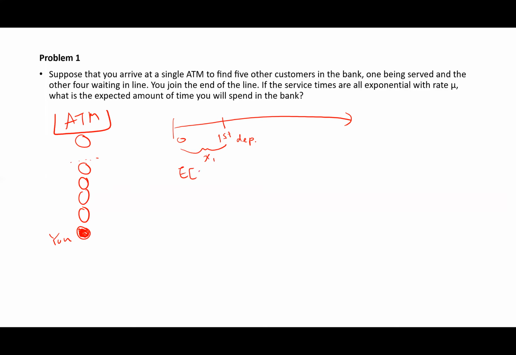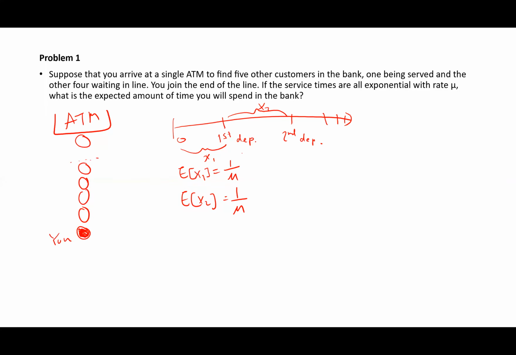The expected value of x1, because it's exponential, is simply 1 over mu. The second departure, call this time span x2, has expected value also 1 over mu. And then the third departure, fourth departure, fifth departure, etc.